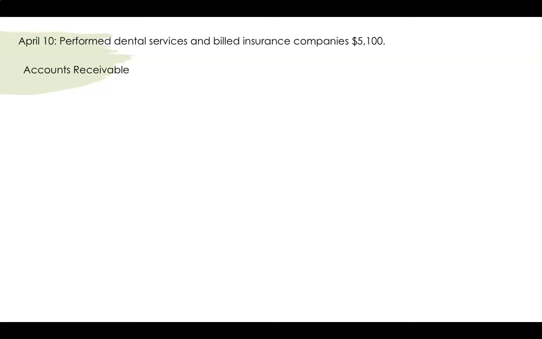And whenever people owe us money down the road, we call that accounts receivable, right? So we'll debit our accounts receivable for this $5,100 in this entry. And then we said that we need to count our service revenue. So that will be our journal entry there for April 10th.